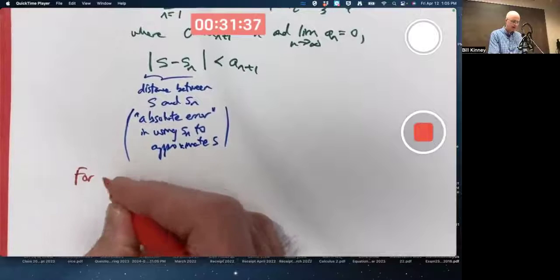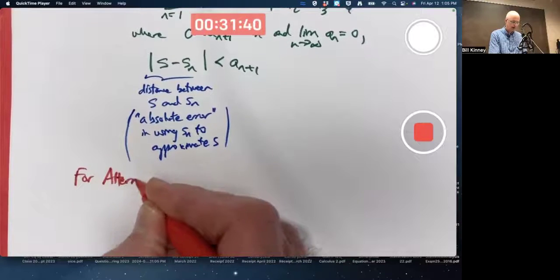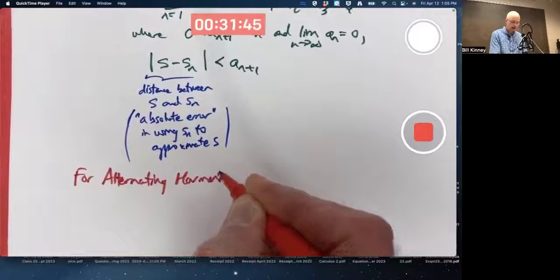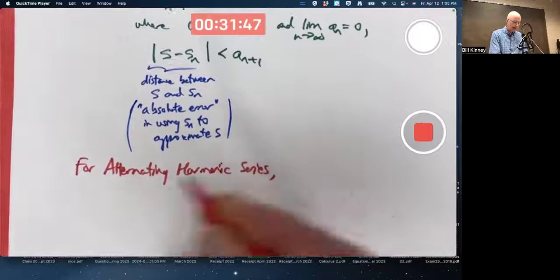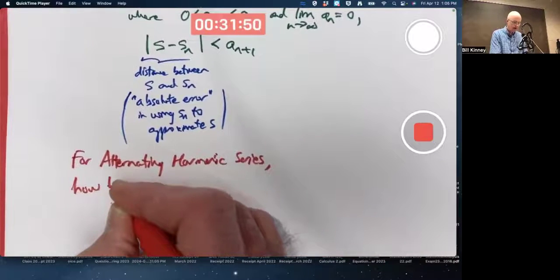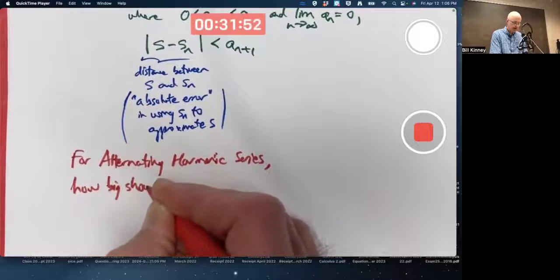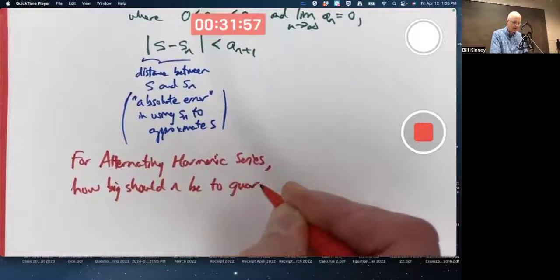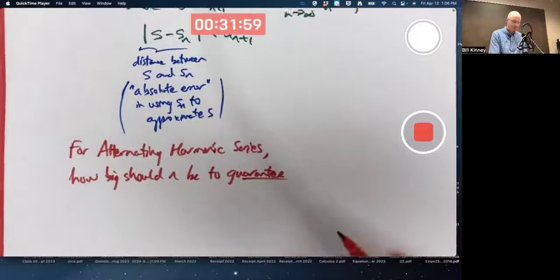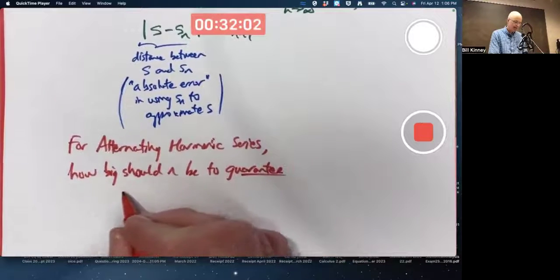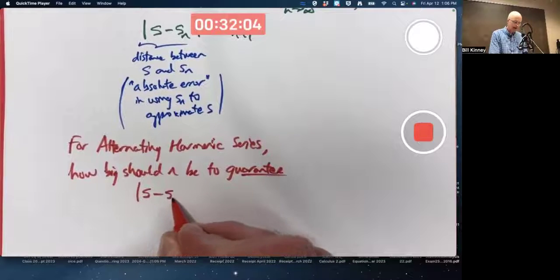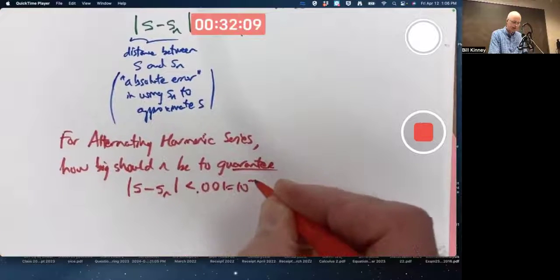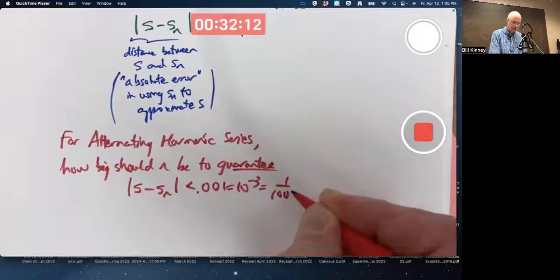For the alternating harmonic series, how big should n be to guarantee, emphasis on the word guarantee, that the absolute error is less than 0.001, 10 to the negative 3, which is 1 over 1,000.